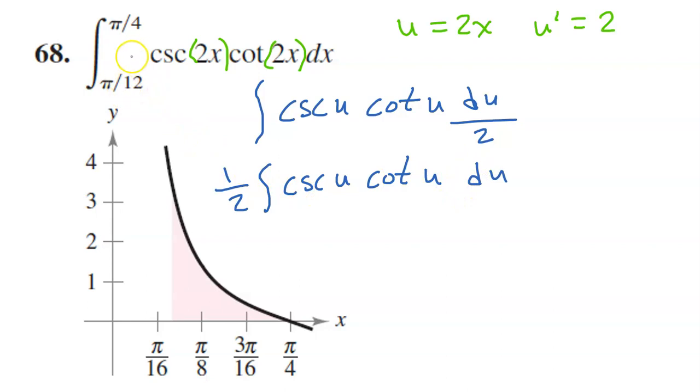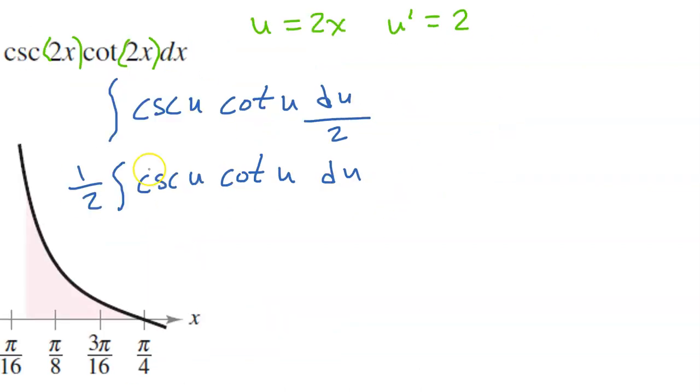Again, please remember, when you do your u-substitution, do not write down the original limits of integration. These are x's, and we now have u's, so they don't match. If you write pi over 12 and pi over 4 on this step, you will at least lose a point on the AP exam.